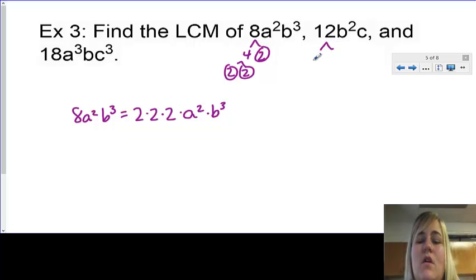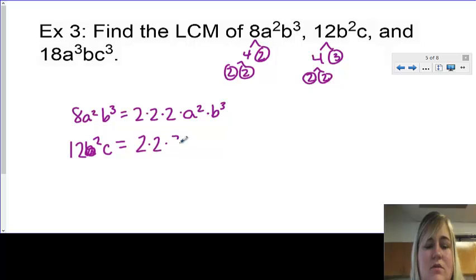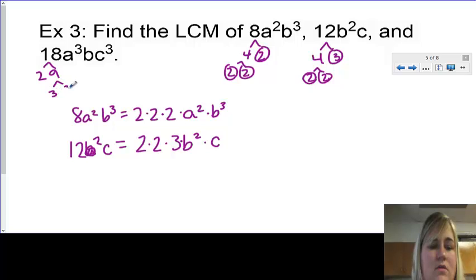12 splits into 4 times 3. 4 is 2 and 2. So I'm going to write 12, oops, it's not a, it's b. B squared c is equal to 2 times 2 times 3, b squared times c. Okay, and the last one, 18, splits into 2 and 9, and that's 3 and 3.